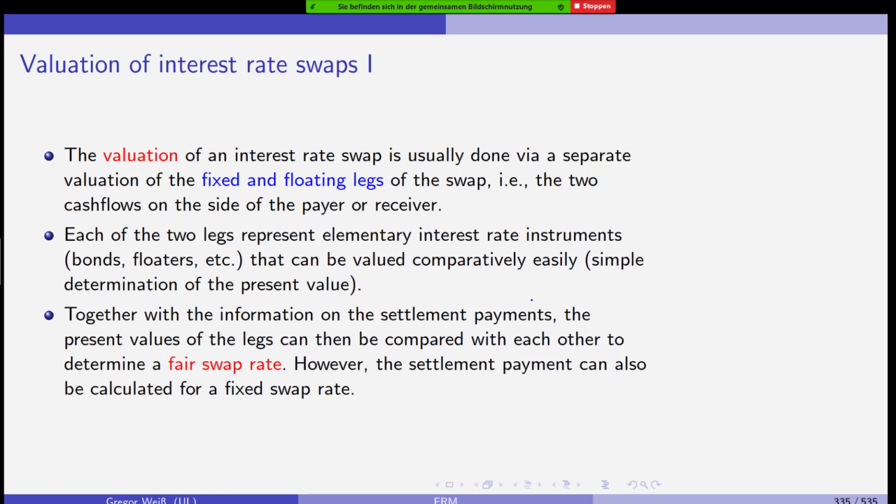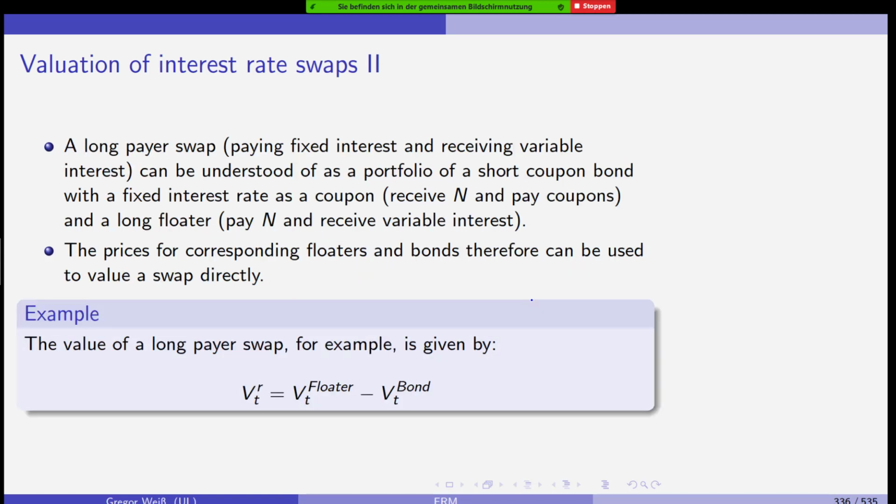Okay, you can also say, okay, let's use a different swap rate, but then you have a payment that needs to be made before you start the contract to equalize the value of the two legs. So in the end, if you take a long payer swap, it's pretty simply the price of a floating rate note minus the price of a fixed income product of a bond, of a coupon bond.